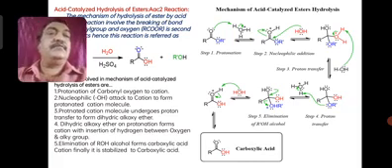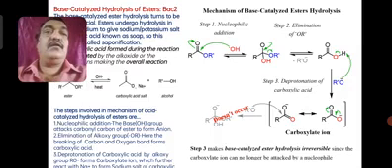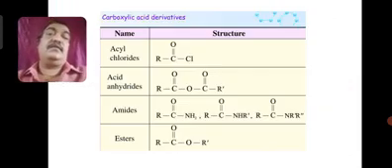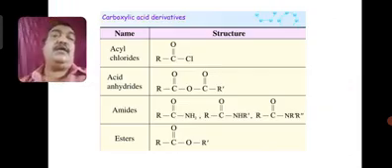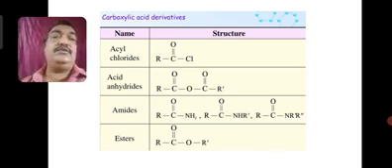Now you can see, this RCOOH carboxylic acid can exist in different derivatives. So what is this? Acyl chloride. You can see RCOOH, the OH group is replaced by Cl, that is RCOCl, an acyl chloride.